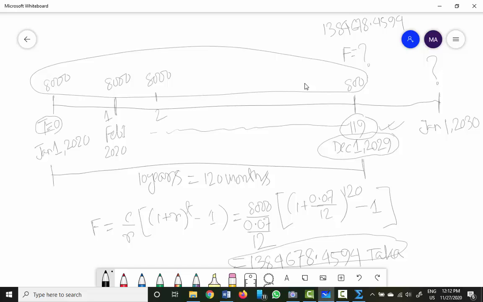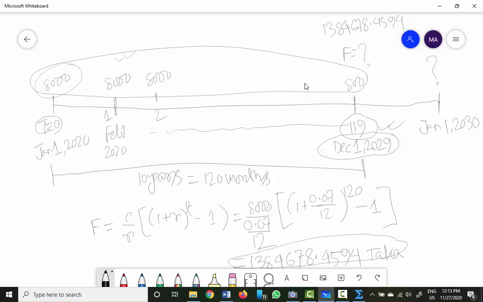Now, since the annuity has started 1 month before, because if it was an ordinary annuity, payment would have started from this period, but since it is an annuity due, payment has started from the beginning of the period.